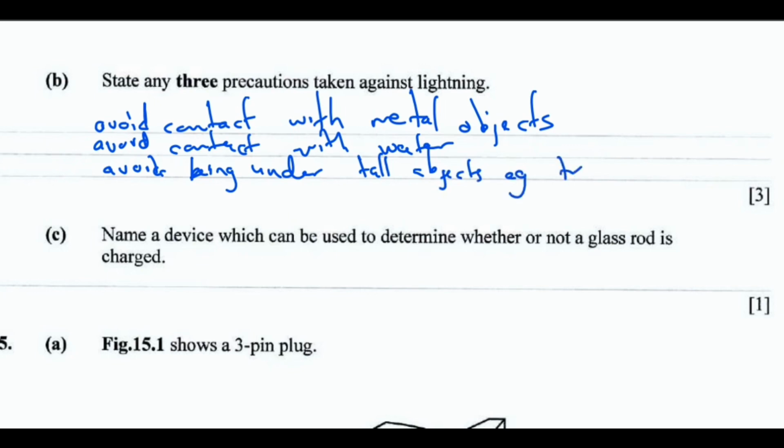Because, for example, if the lightning strikes the tree, then it means that you are also going to be hit. And also avoid being the tallest object. If you are the tallest object, the lightning will hit you, so try to avoid that as much as you can.